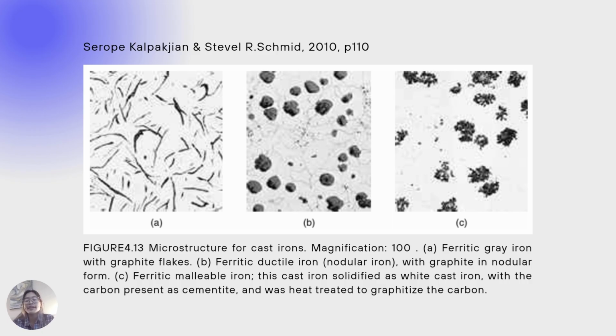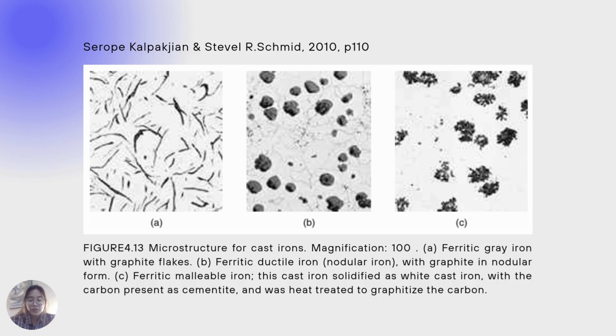However, gray iron has excellent damping capacity and good machinability, making it useful for engine blocks, machine bases, and brake discs.